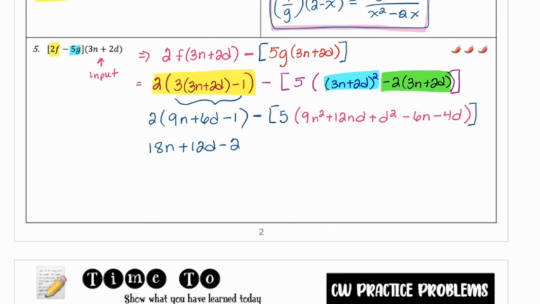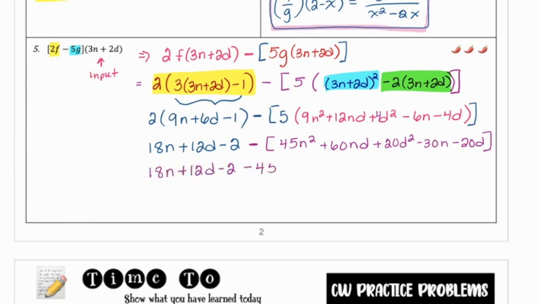I distributed, I foiled. Now at this point, there's no like terms, I'm going to distribute that 5. All right, now that I have that, what I'm going to do is distribute the negative 1. And finally combine like terms.